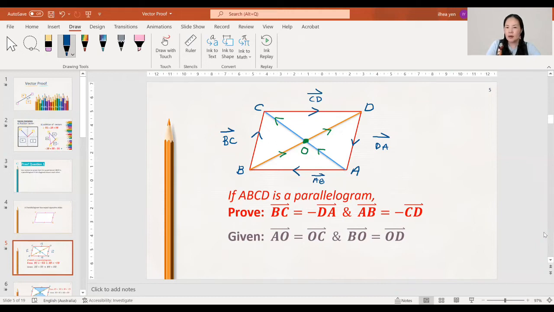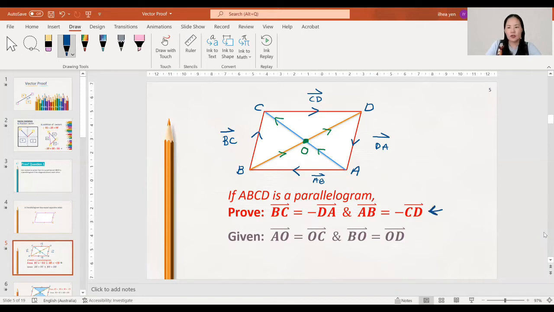Because there's a midpoint where they meet in the middle, O, I could say that vector AO and vector OC are the same, and also vector BO and OD are the same. That is given information from the question. So I'm going to use that given information to prove that ABCD is a parallelogram, using that property.